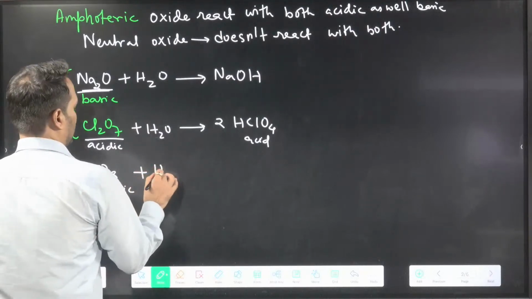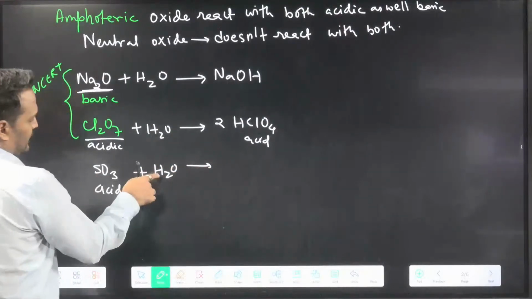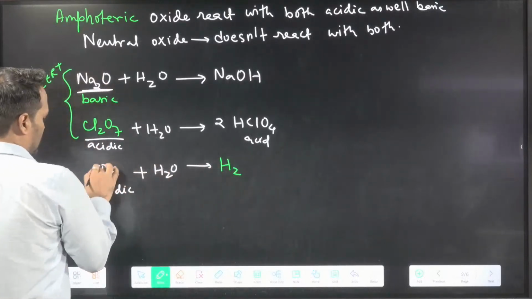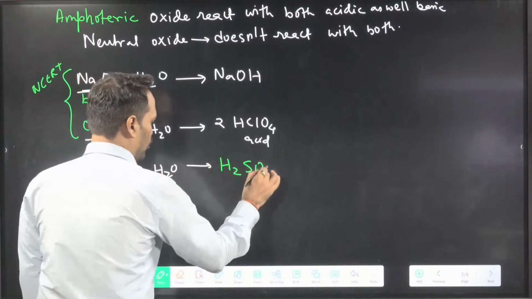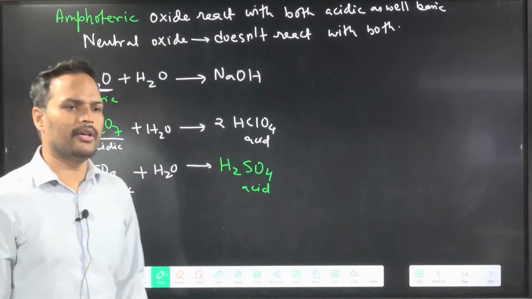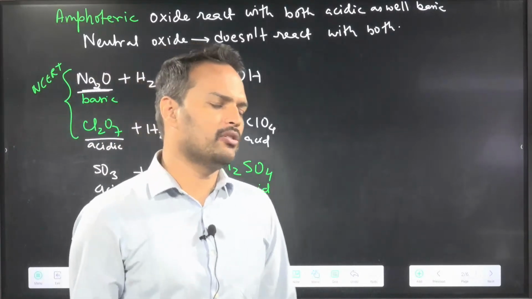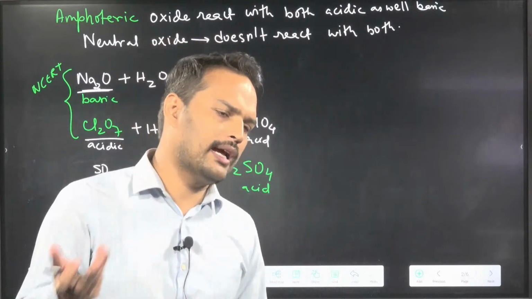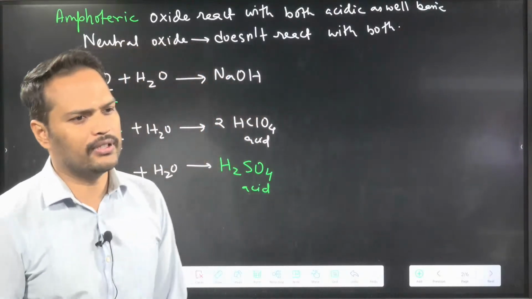Now you put it in water. What is the product we are going to get? H2SO4, which is an acid. So a simple way: basic oxide in water gives base, acidic oxide in water gives acid. Clear with this point?